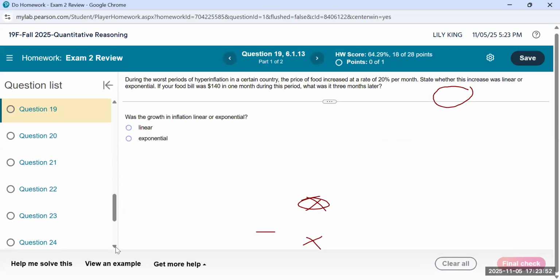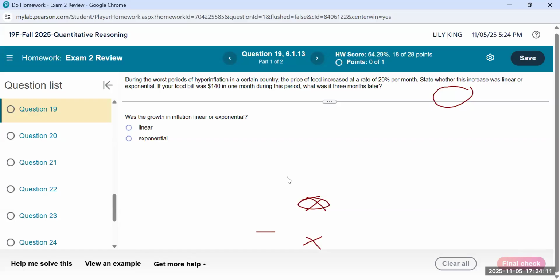19, we need to figure out the growth in inflation, whether it is linear or exponential. Now, with exponential, we are looking at what? Increasing or decreasing by a constant percent each time, all right?